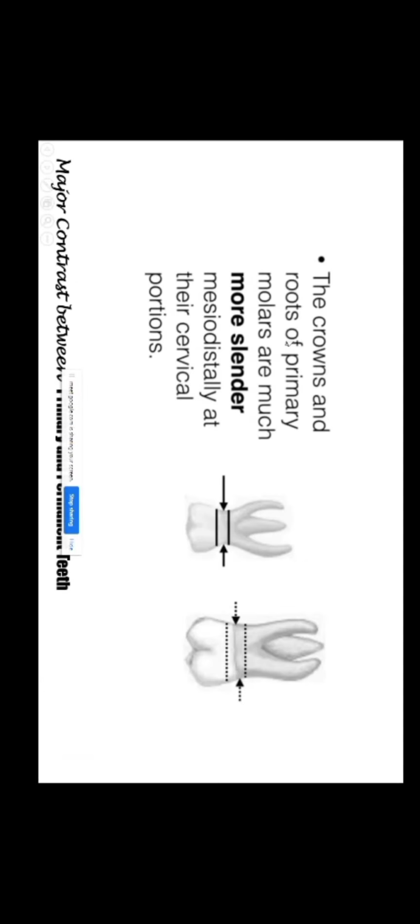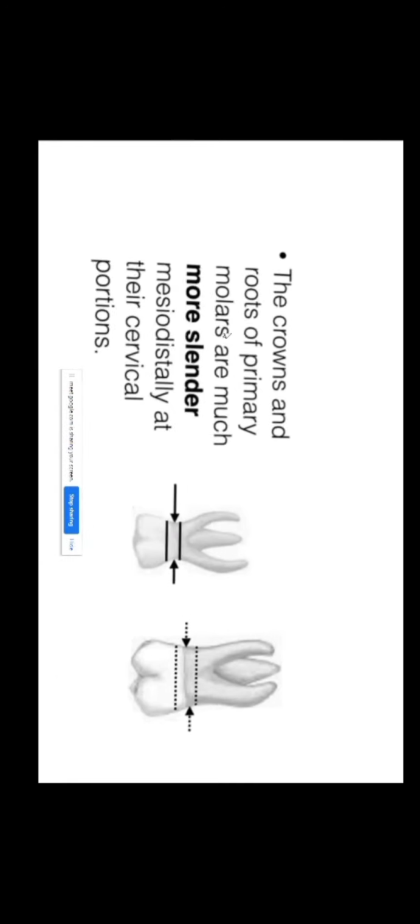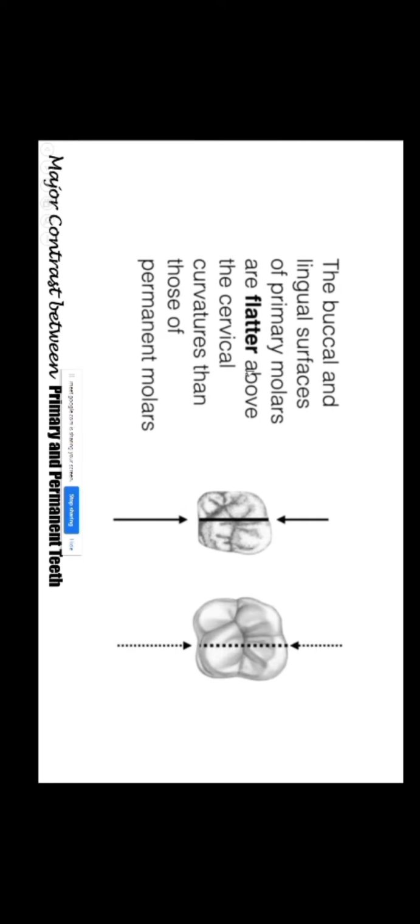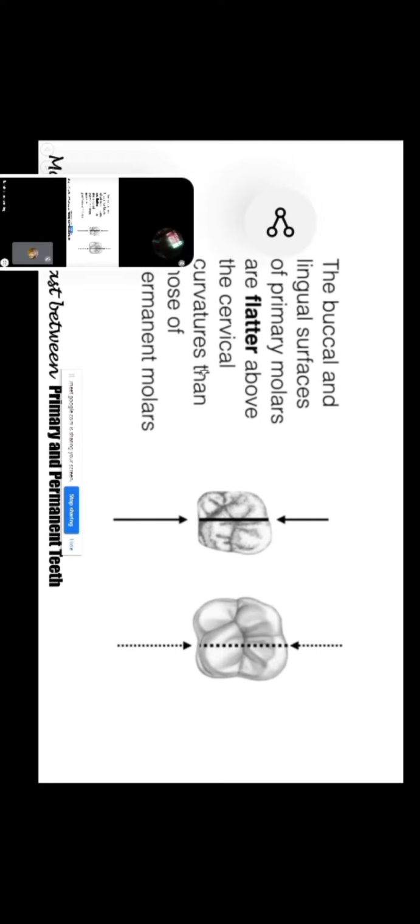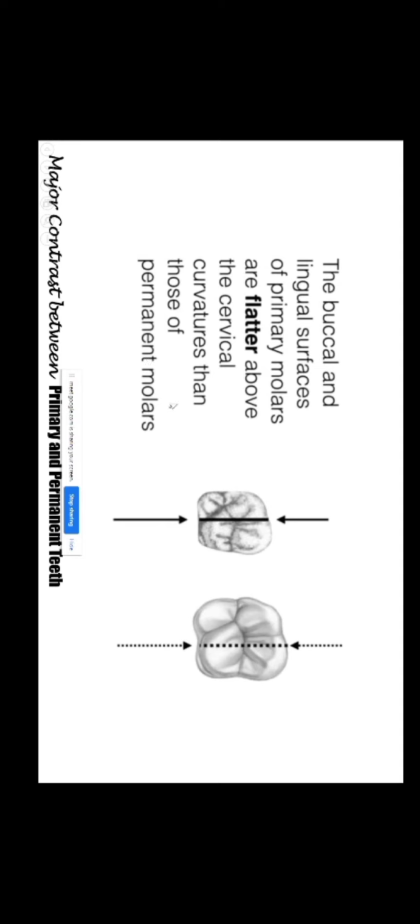The crowns and roots of primary molars are much slender, same thing. The buccal and lingual surfaces of primary molars are flatter above the cervical curvature than those of the permanent molars. In other words, the crowns of the primary are smaller compared to the permanent, because the buccal and lingual are flatter. Smaller, larger for permanent.